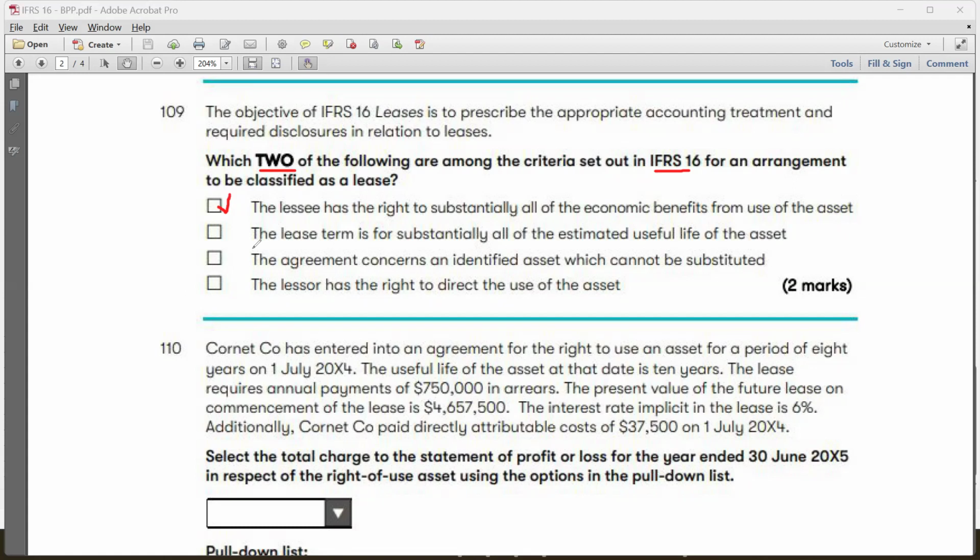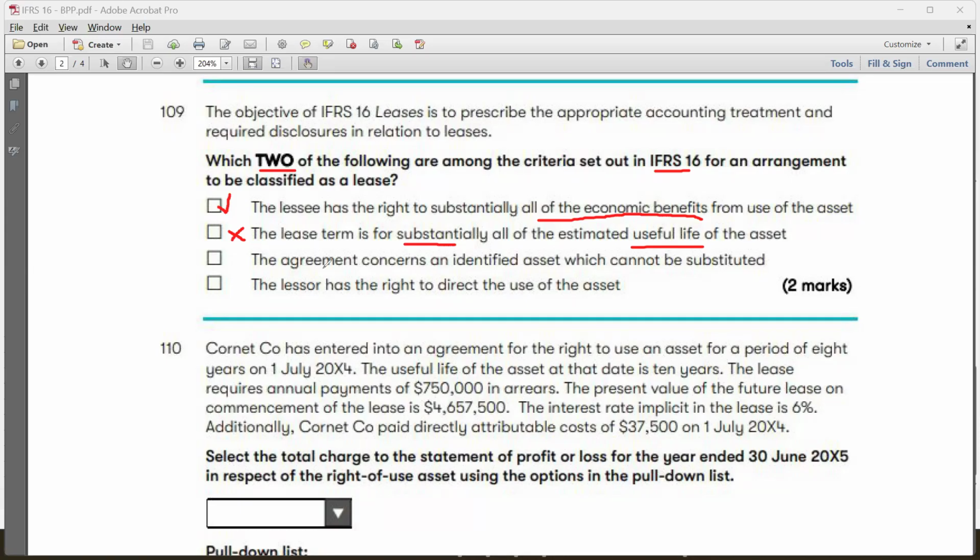This is not correct. There is no such thing in IFRS 16; it is substantially all of the economic benefits from the asset, not substantially all of the estimated useful life. This is not the criteria for a lease. They have really made a good point to confuse you.